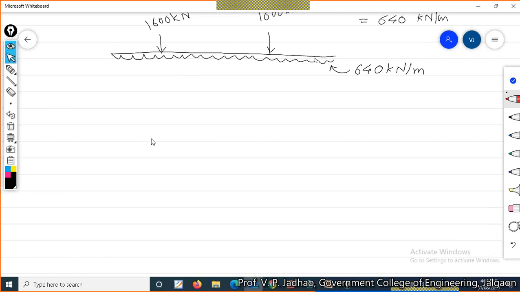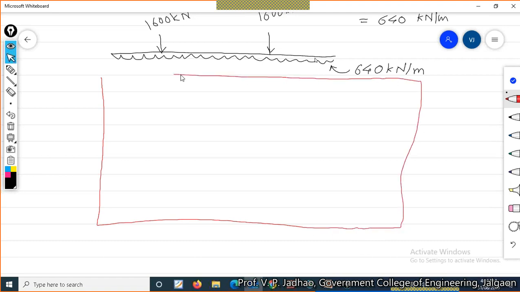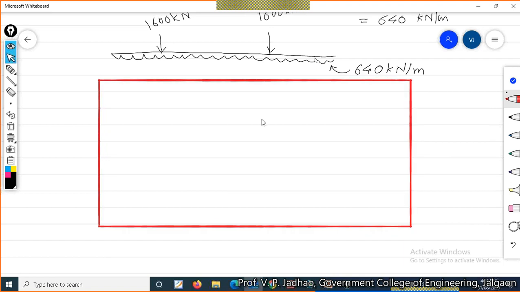Now we have to draw the bending moment and shear force diagram for this beam. So we'll keep some space for drawing the shear force and bending moment diagrams here. Let us consider this much space is sufficient. We'll go down.